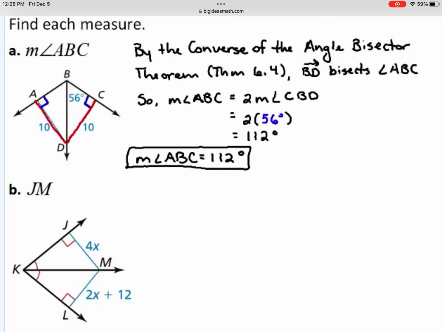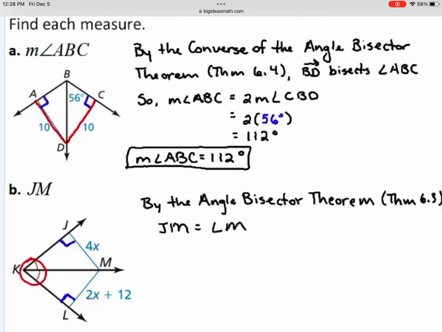Part B, JM. Looking at the diagram, you are given that line segment JK is perpendicular to line segment JM, and line segment LK is perpendicular to line segment LM, and ray KM bisects the angle JKL.